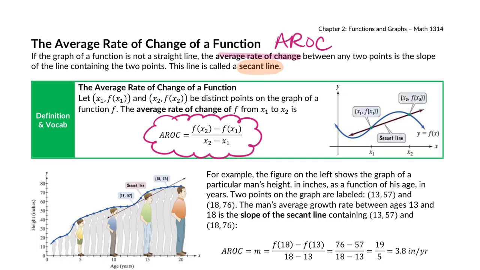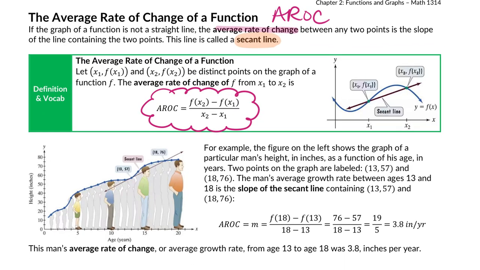It's still the outputs divided by the inputs. Changed nothing except for notation. It's still y's over x's. We're still just finding slope, but it's the slope of the secant line, ignoring the fact that it's curvy at all.